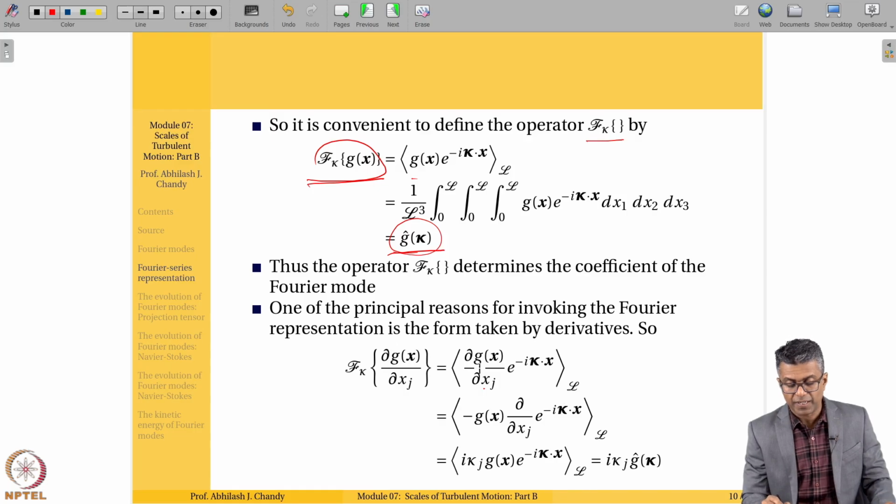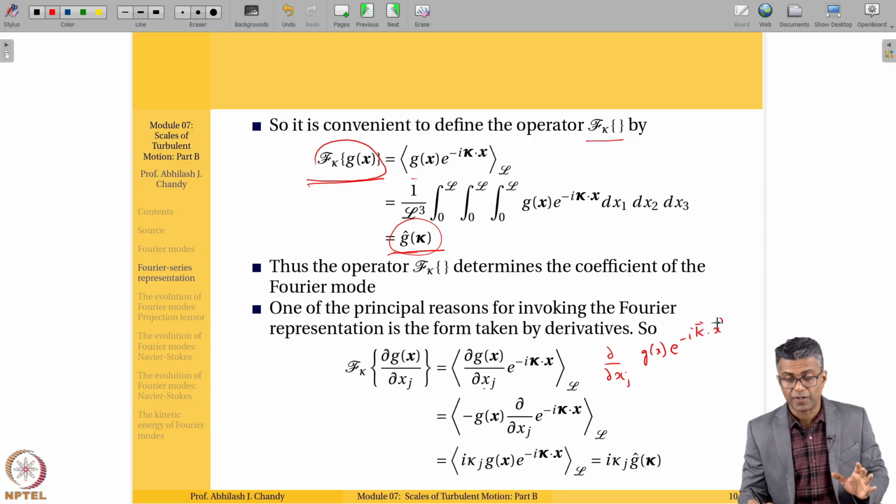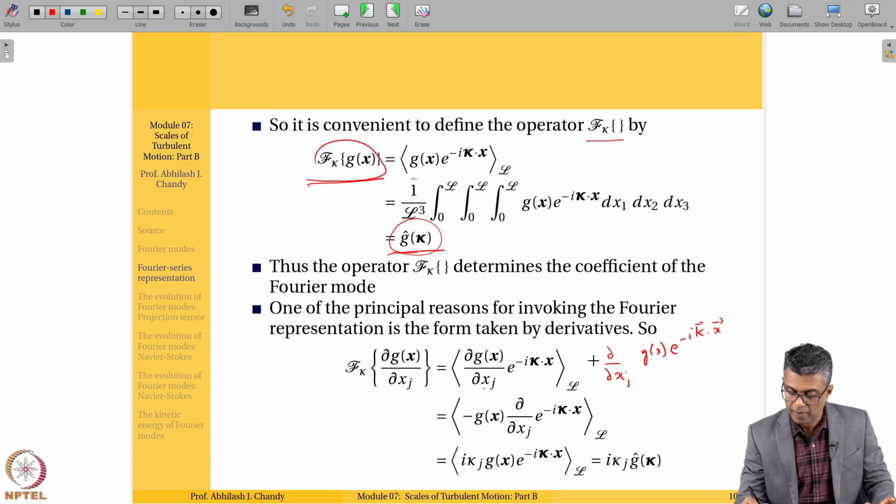I have the derivative of g multiplied by e to the minus I kappa dot x. So, if I want to take a derivative of del xj of, okay, let's say it is g of x e to the minus I kappa dot x, okay, the derivative of this volume average.